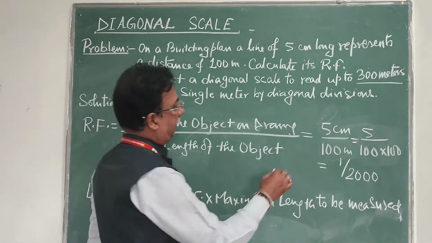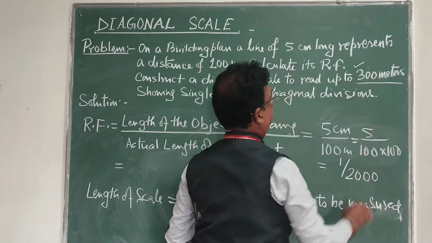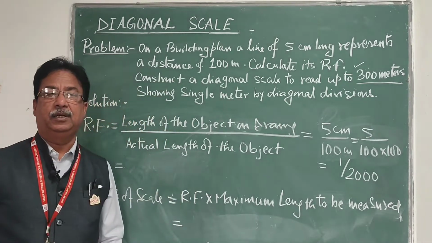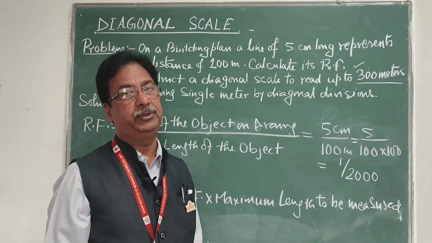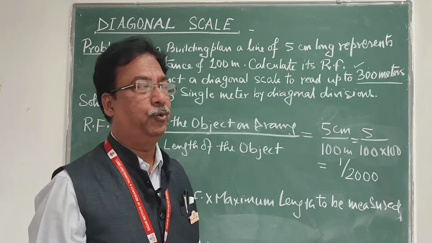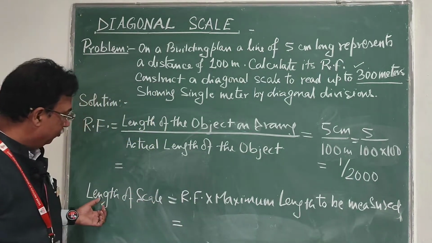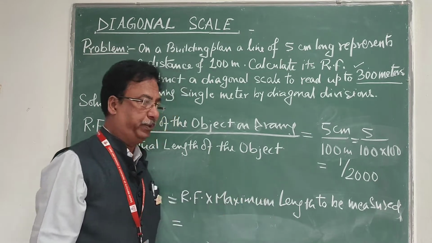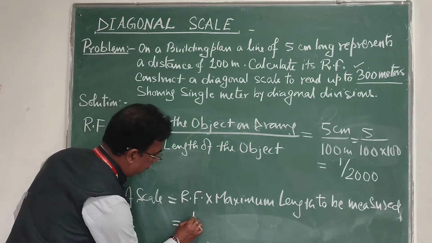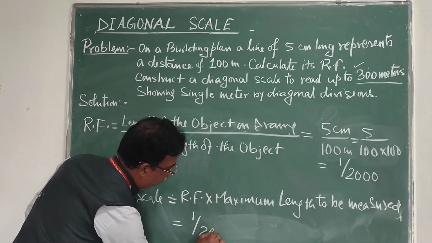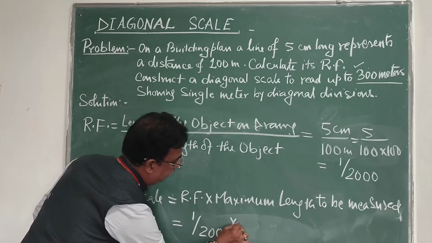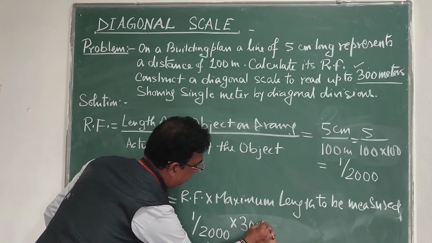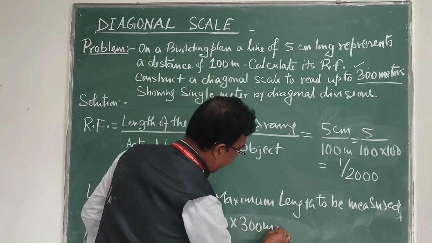Now the maximum length we want to measure with the help of this scale will be 300 meter. So this 300 meter will be represented by a line that will be known as the length of scale, and the formula for the length of scale will be RF multiplied by maximum length to be measured. So that is 1 upon 2000 into 300 meter. Again convert this meter into centimeter.